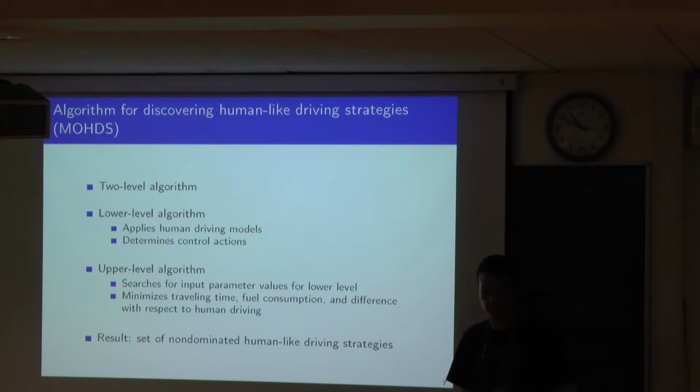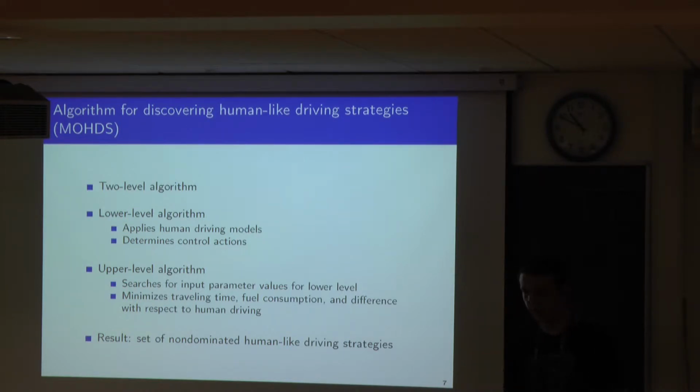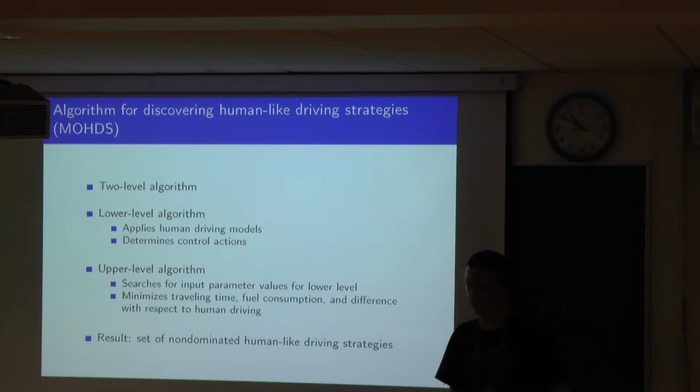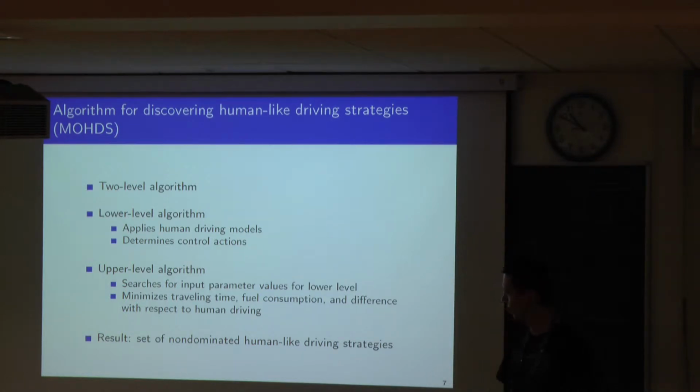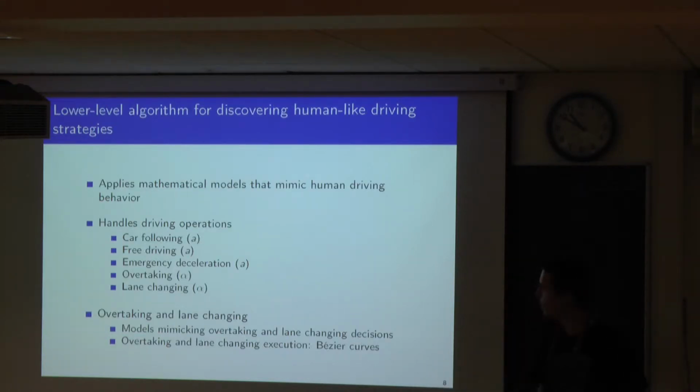While on the upper level, we search for the best input parameter values for these lower level models, and we minimize the traveling time, the fuel consumption, and the similarity to human driving. But since we want to minimize all the objectives, we calculate the difference with respect to the human driving. As the result, we get a set of non-dominated human-like driving strategies.